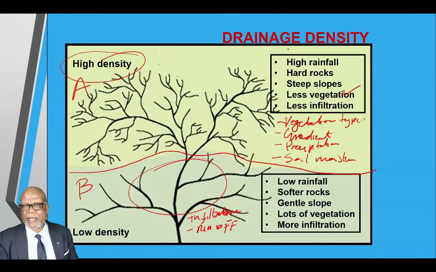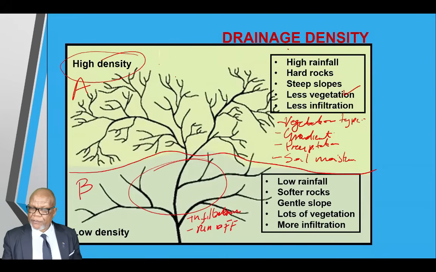That is why we have higher drainage density. But at B, the soil is dry, so there is less soil moisture. That is why during precipitation, there's going to be more infiltration and less runoff. That is why it results in low drainage density.